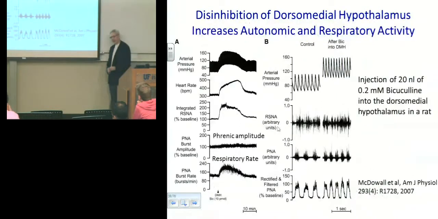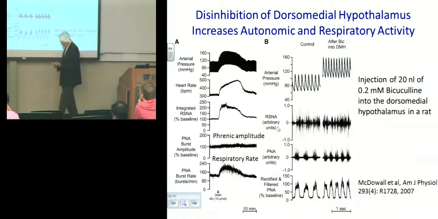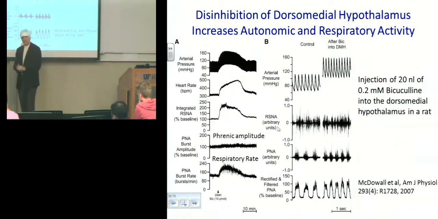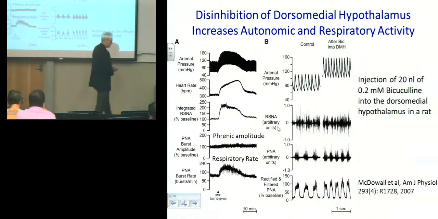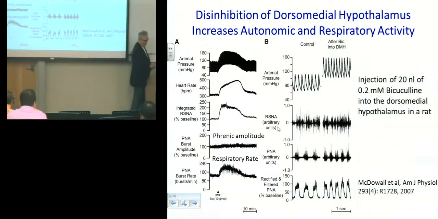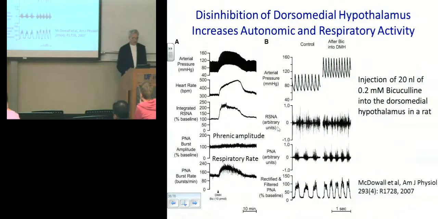And so if we look at coordination of these things, if you just disinhibit activity in the dorsomedial hypothalamus, you see tremendous coordinated changes in cardiovascular and respiratory output. This is just injecting bicuculline, the GABA antagonist, into the dorsomedial hypothalamus.